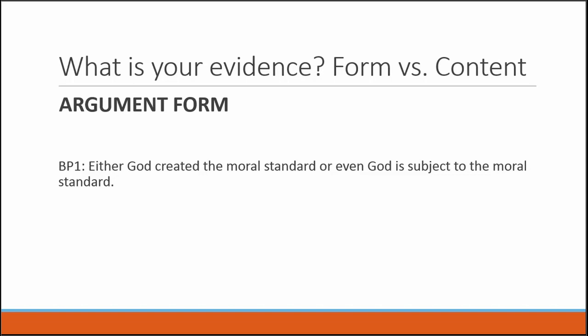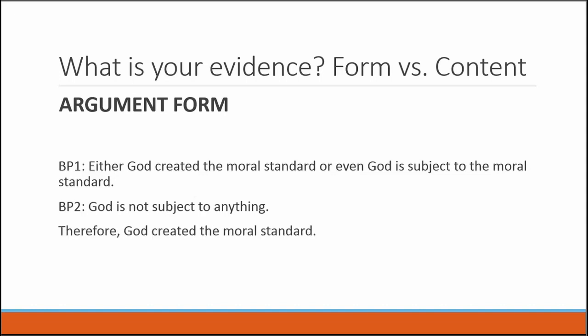Either P, God created the moral standard, or Q, even God is subject to the moral standard. God is not subject to anything, not Q. Therefore, God created the moral standard. P is true.